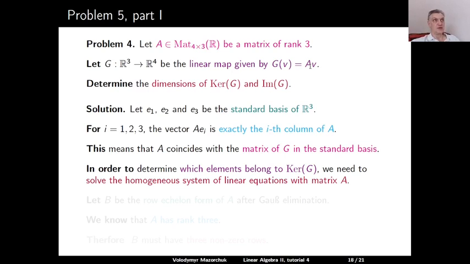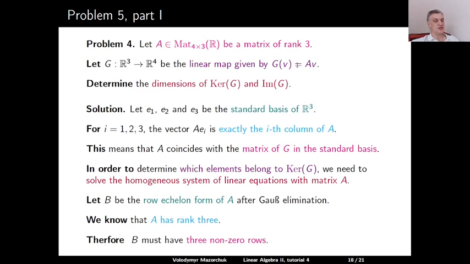We don't know A, so we cannot solve it explicitly, but we can theorize what happens. So let B be the row echelon form of A after we completed our Gauss elimination. We know by assumption that A has rank 3. This means that the row echelon form of A must have 3 non-zero rows.